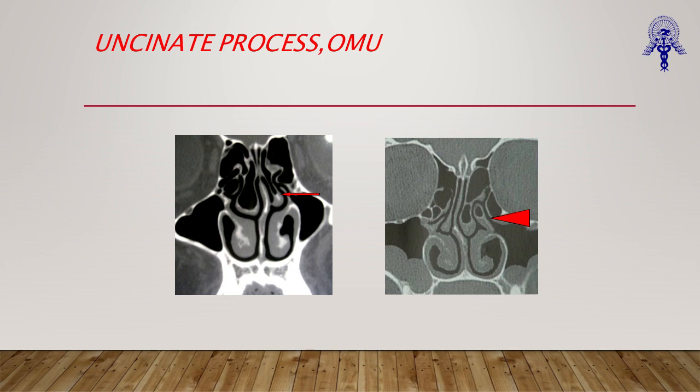So the same thing you will expect to find as you do the surgery, that this will be a textbook osteomeatal complex and this side will not be a textbook complex. This is again the uncinate process which can be fenestrated. Again, it doesn't have much importance, but if it's fenestrated, it's going to be very bulky.